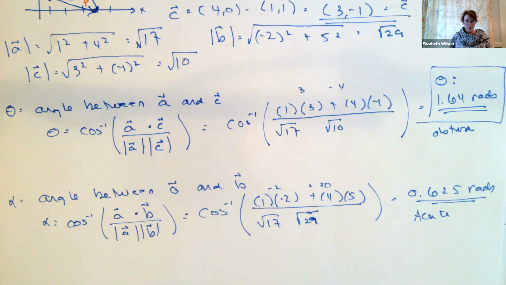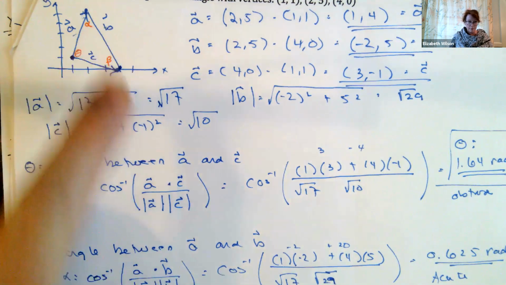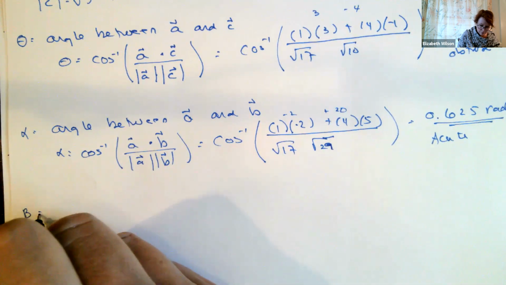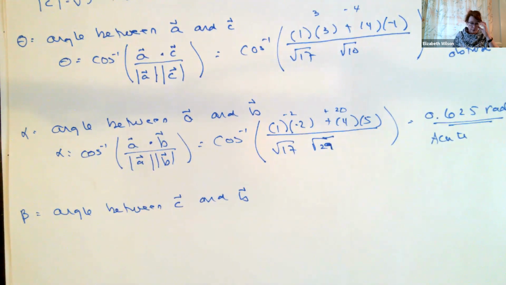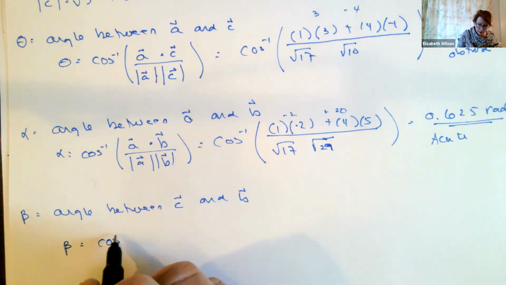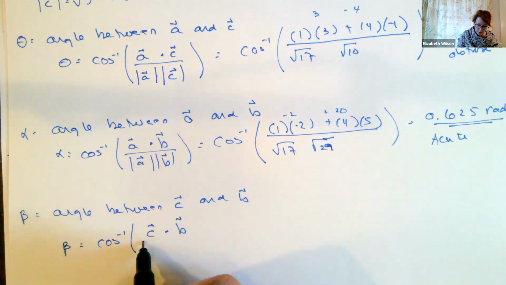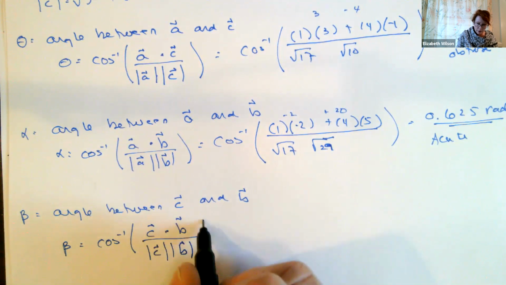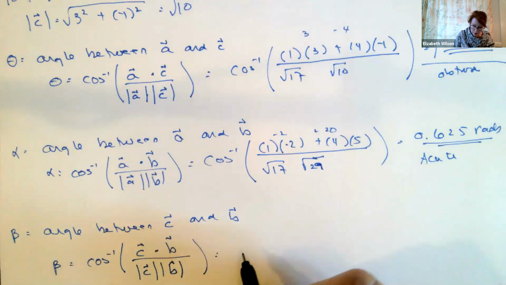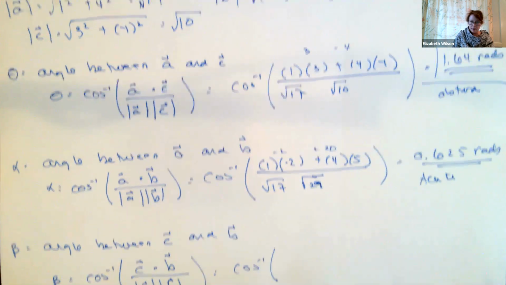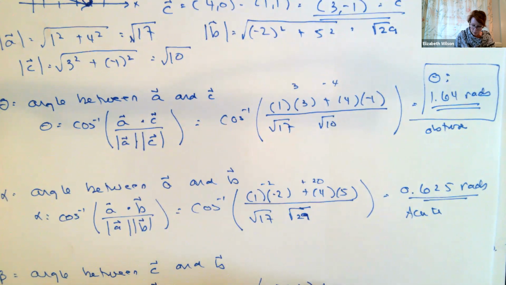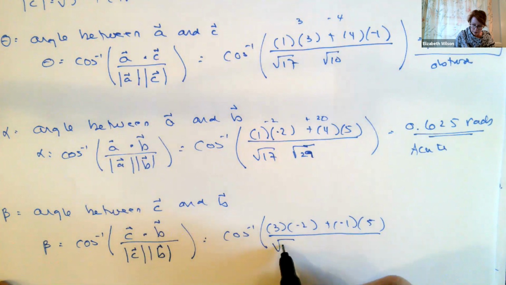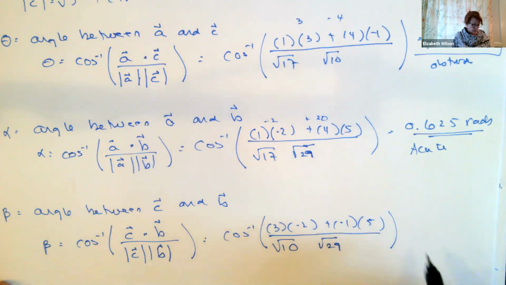Okay, so let's calculate beta, which is going to be the angle between C and B. So beta equals inverse cosine of C dot B all over the magnitude of C times the magnitude of B. So I'm looking at my components for C, my components for B. So I'm going to go 3 times minus 2 plus minus 1 times 5, all over the magnitude of C, radical 10, times the magnitude of B, radical 29.